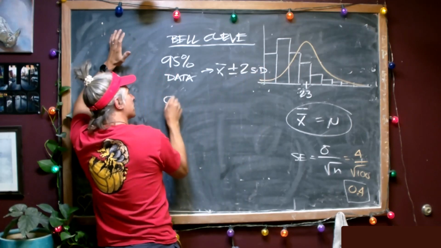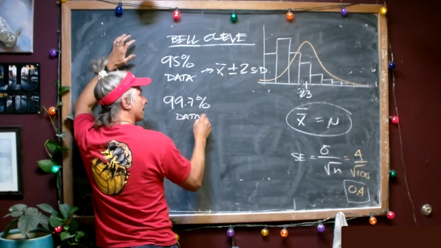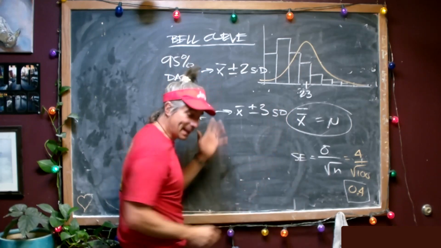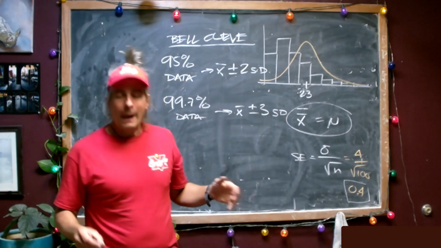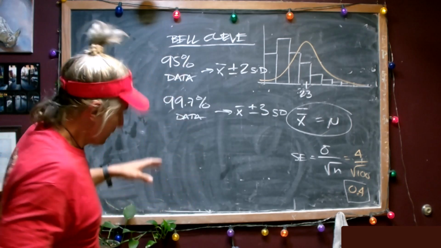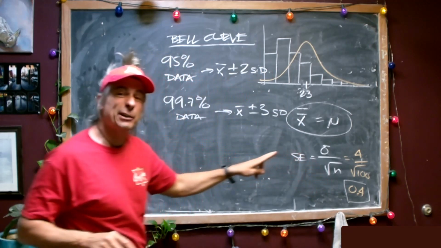And almost 100%, it's more like 99.7, are trapped within 3 standard deviations. That's the idea you want to use on this. Except that's for the bell curve of a population. We don't have the standard deviation of the population, so we have to sub in the standard error.